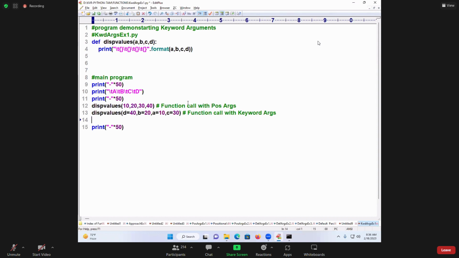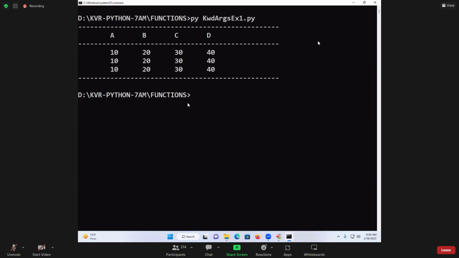Next, come on, exercise. Display values. Tell me, students, C is equal to 30, D is equal to 40, B is equal to what? 20, comma, A is equal to 10. What is this concept? Function call with keyword arguments. You see, students? Perfect. Following? Okay.